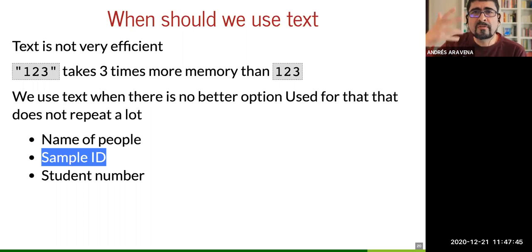If most of the values are different, then it's text. If you can know a priori, before asking the question, that the answer is from a limited set, like the English level, then it is a factor. If you don't know what the options are, like what is your name, then it's text. Okay?